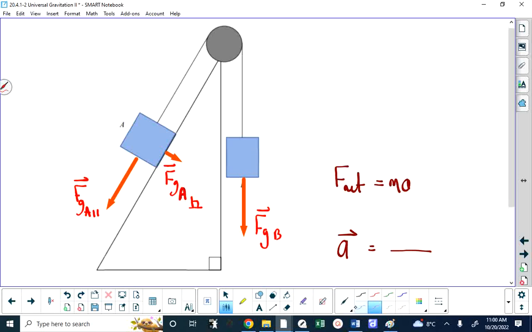Which way is friction acting? Let's leave it alone for a second. Other than friction, are there any other forces? No. The normal force, which is going to be exactly equal but opposite to that force due to gravity parallel.